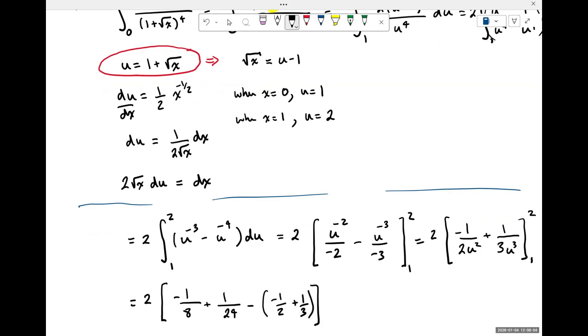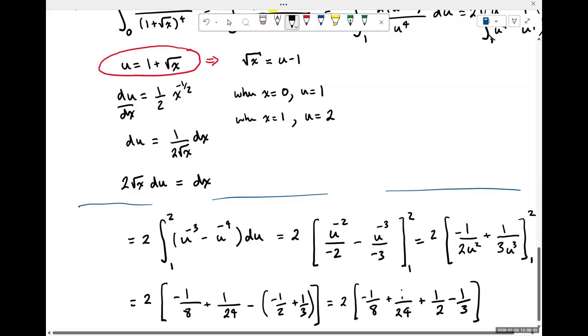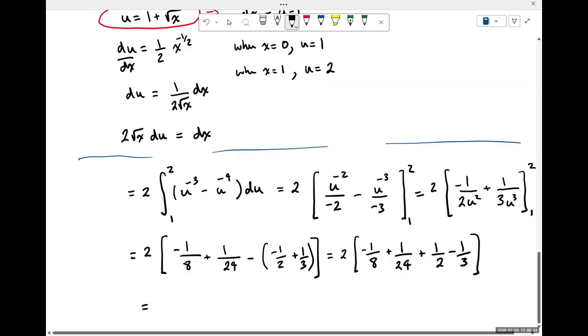I'll see if I can add my fractions right. Right, so first of all, you know what, I will screw up if I do too many steps in my head. So I'm going to distribute that negative specifically because I know that if I don't write it separately, I will screw it up. So now common denominator clearly is going to be 24. That's easy enough, right?